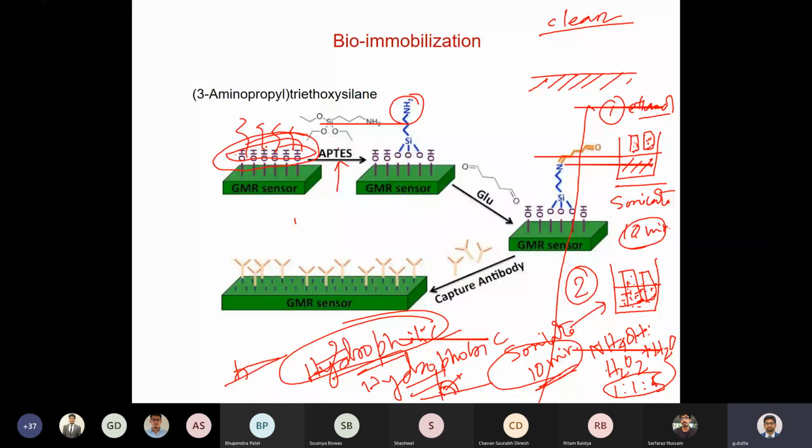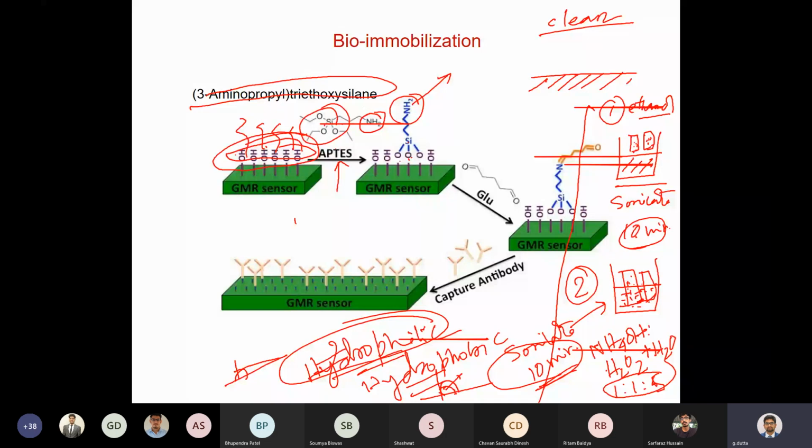If you dip your surface in the APTS solution, the hydroxyl group will react with APTS, and the end that contains the amine group will be on the outer side. This is a silicon compound that binds on your hydroxyl surface, and the other end with the amine group becomes the outer surface. This will help you bind your primary antibody.